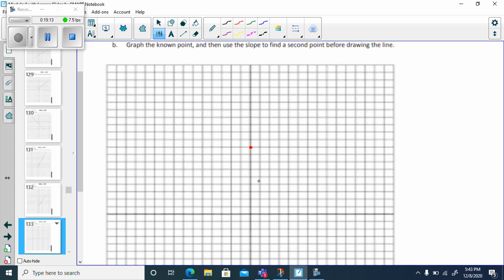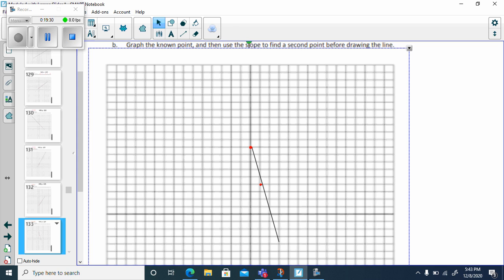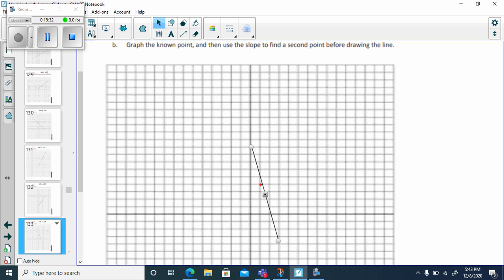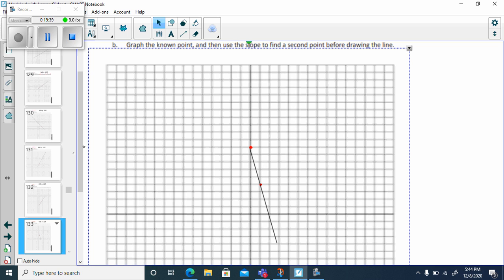So we're going down 5 and over 1. 1, 2, 3, 4, 5, and then over 1. And we draw our line. Okay, that's good enough.